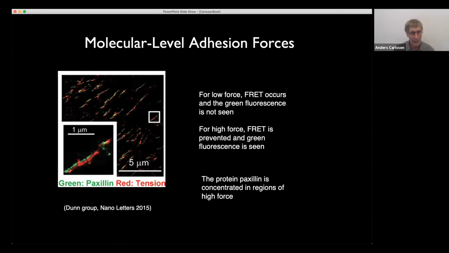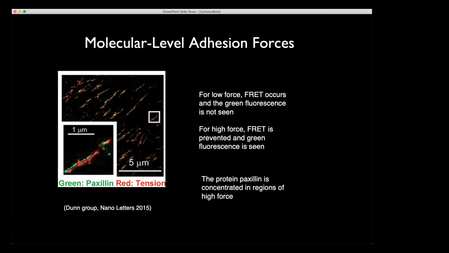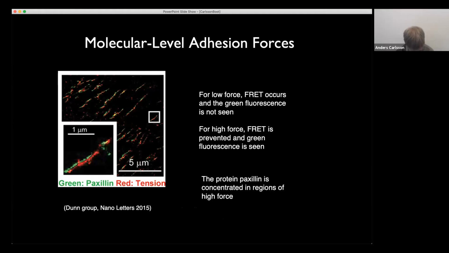So you were wondering to what extent the density of adhesions depends on the mechanical properties of the substrate. Nothing is coming to mind directly on that, but my expectation would be that they would be increased, because you need more focal adhesions to be able to exert a large force. So my guess would be that it would enhance the growth of the focal adhesions.